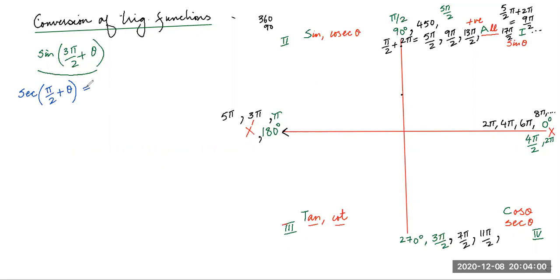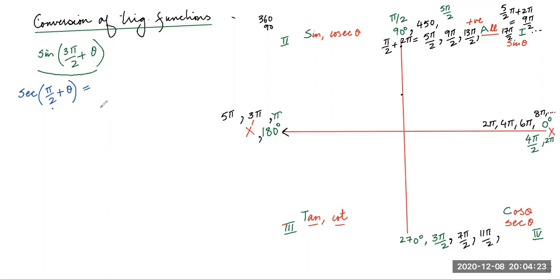Is pi by 2 on the y-axis or x-axis? Pi by 2, 5 pi by 2, 9 pi by 2, 13 pi by 2 are all on the y-axis. So on the y-axis, there is conversion.